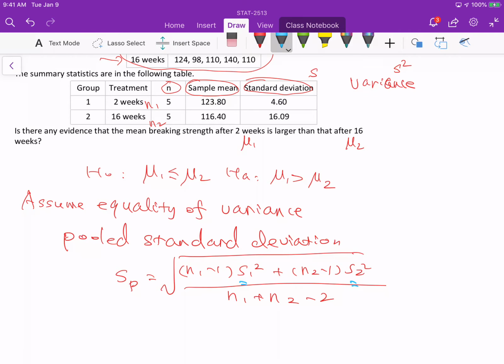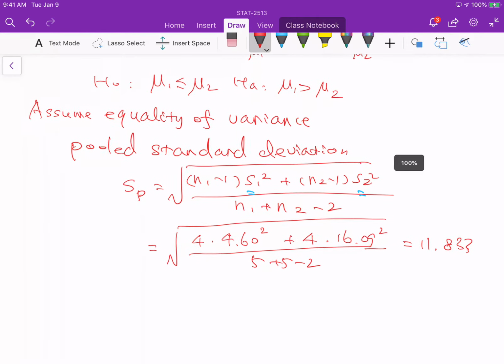So now we have all the values and can plug them in. 5 minus 1 will be 4, so 4 times 4.60 squared plus 4 times 16.09 squared, divided by 5 plus 5 minus 2. Then you do the math and you get 11.833. This is the pooled standard deviation.